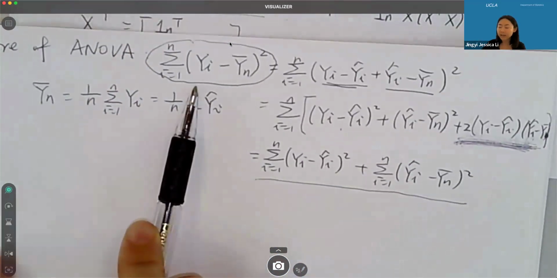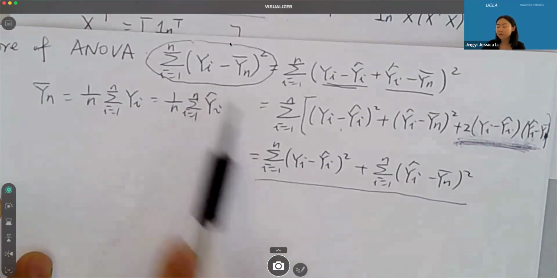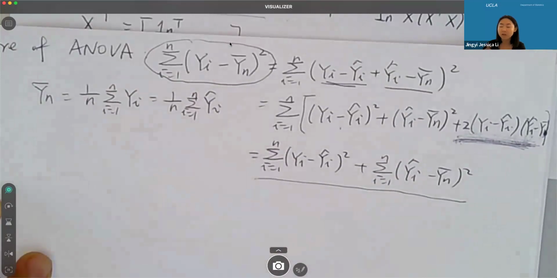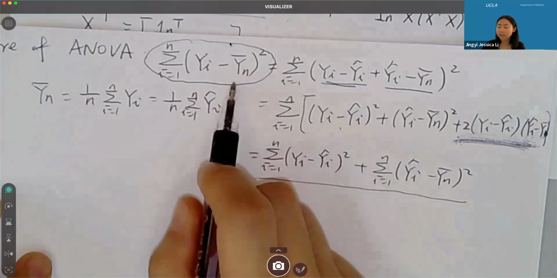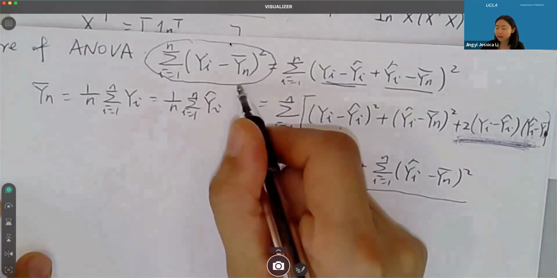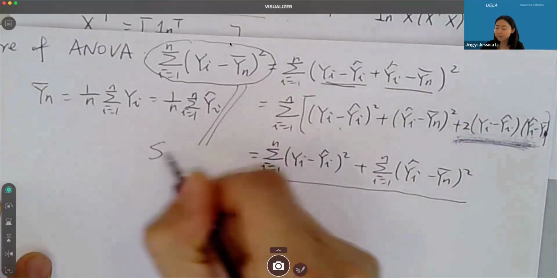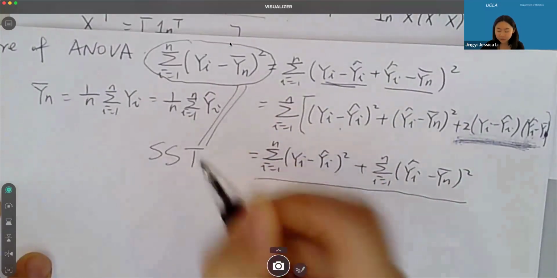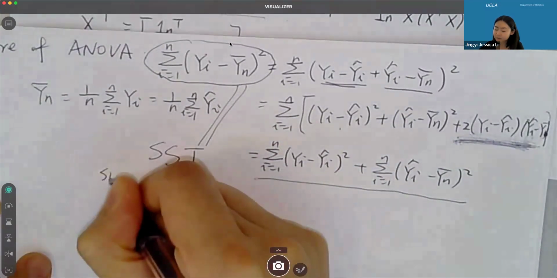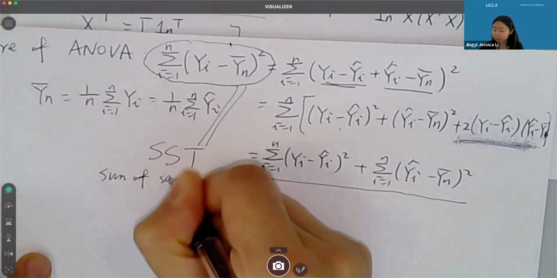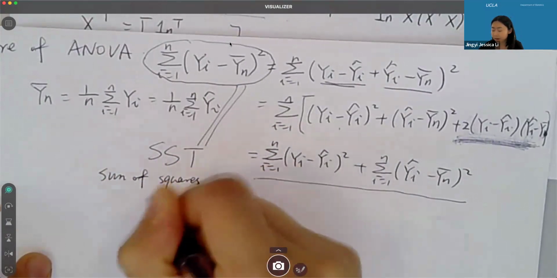And we give a name to each term in the ANOVA. We call the left-hand side, this term, the sum of squares total.